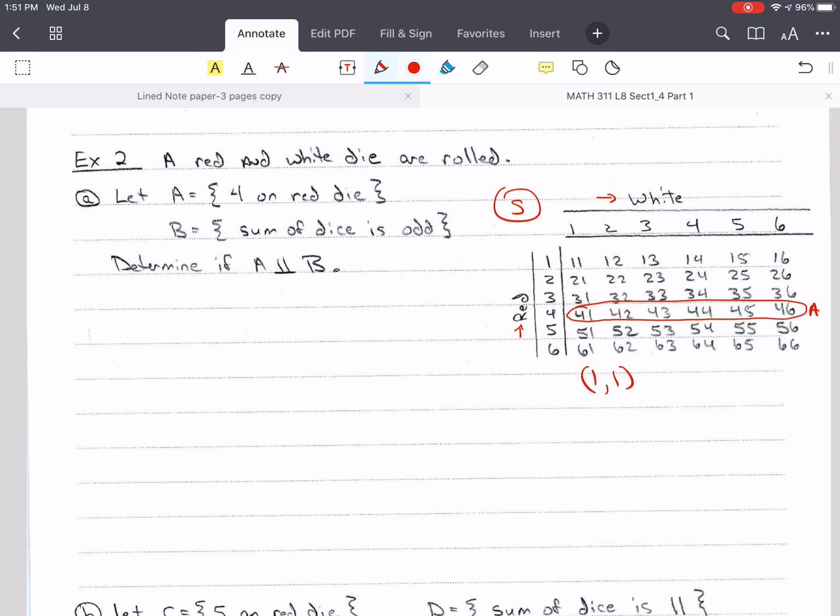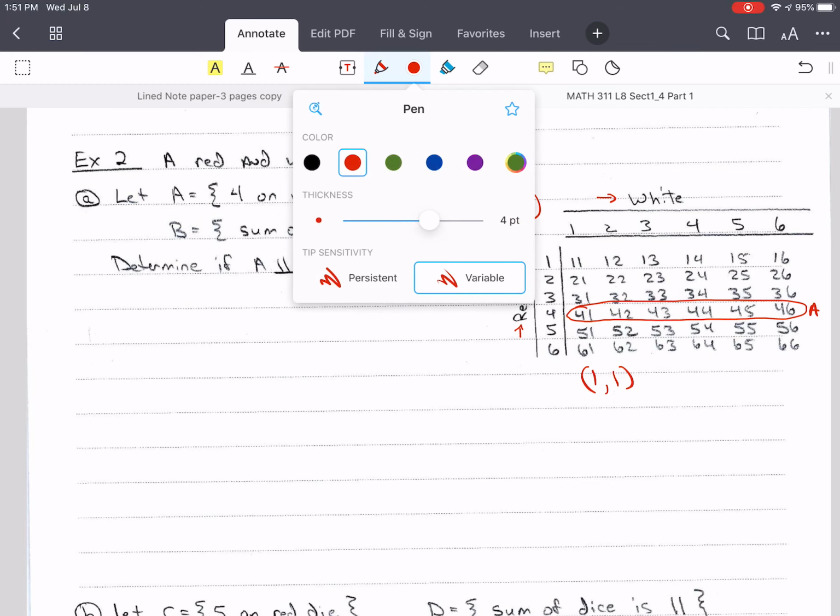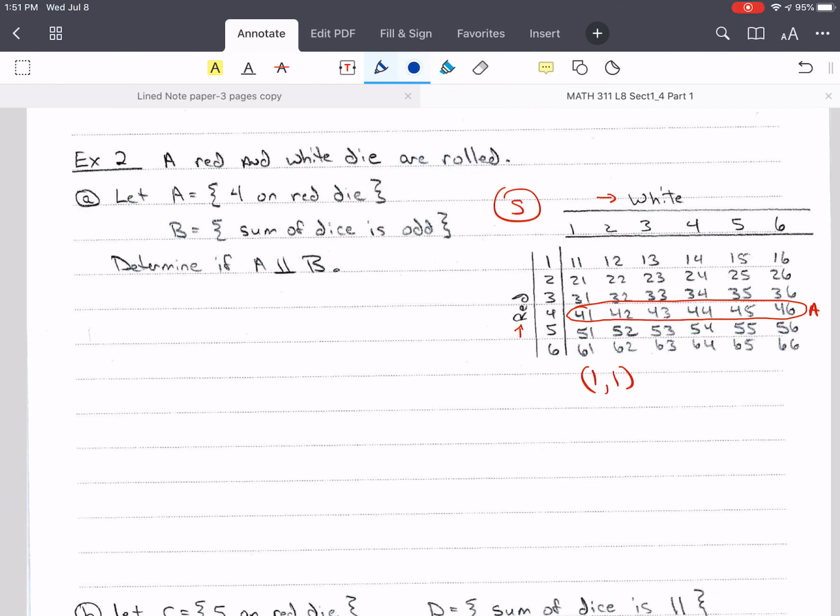Now, for event B, I'm going to change color, and we want an odd sum. So we have odd here, we have odd here, and then 6, and then we have odd here.